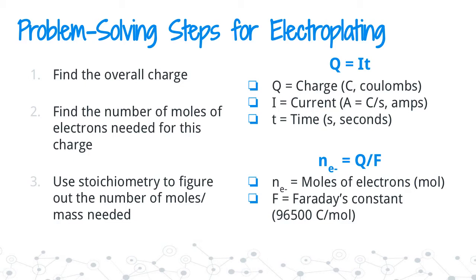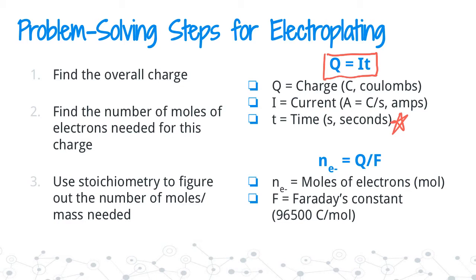You're going to do that by calculating the charge is equal to the current, which is in amps or coulombs per second, and the time in seconds. So just pay attention to units here. You might need to change them if they're not in the correct units given.